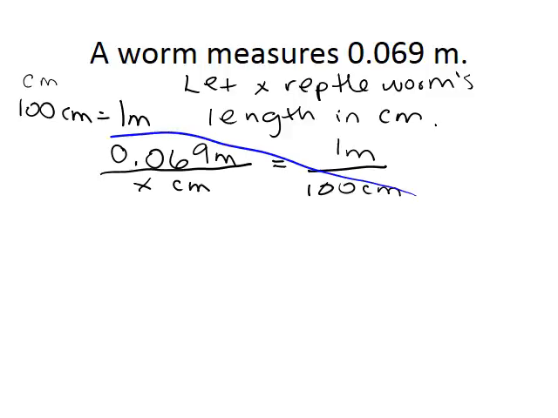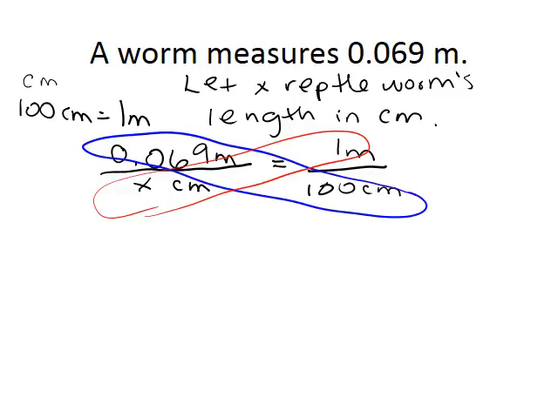So I know that I can use cross multiplication, and these two, if I multiply them together, are equal. So my equation would be 0.069 times 100 equals 1 times x. So x is equal to, well, 1 times x is just x, whatever 0.069 times 100 would be.